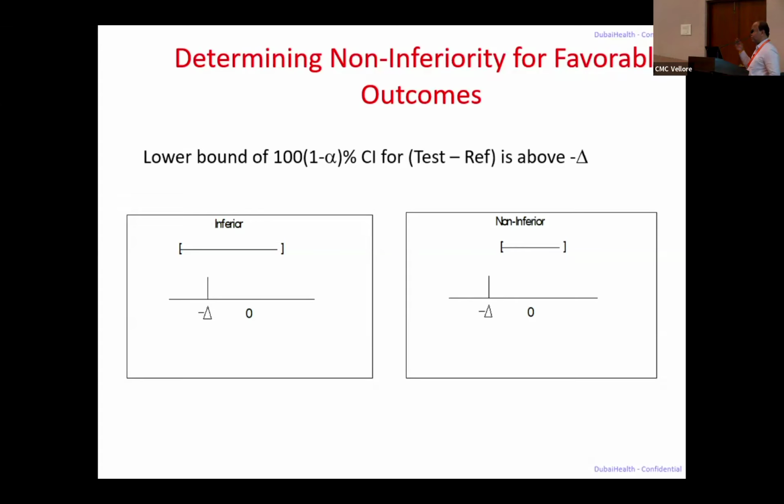The difference is 10%. If the difference in confidence interval exceeded the 10%, you say it is inferior. Here, you're saying non-inferior because this lies within this. It's a very simple concept.